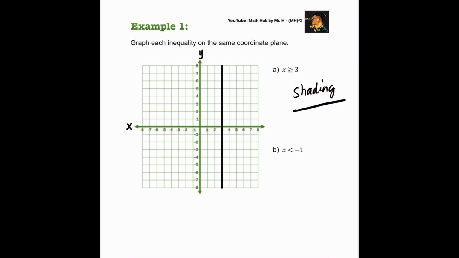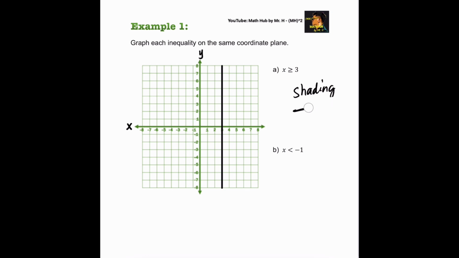So whatever point you pick inside the shaded region will satisfy the given inequality. All right, and of course the shading process depends on the given inequality symbol.